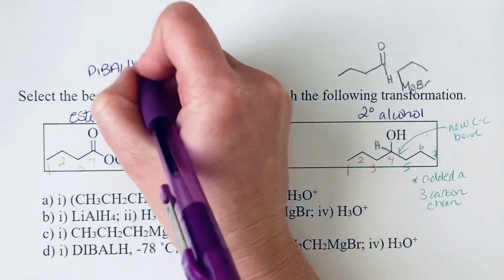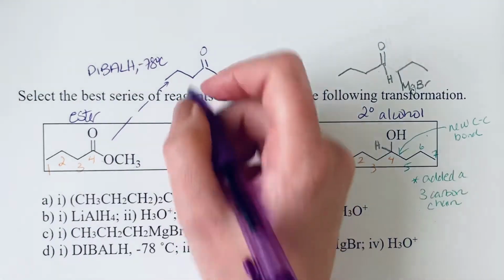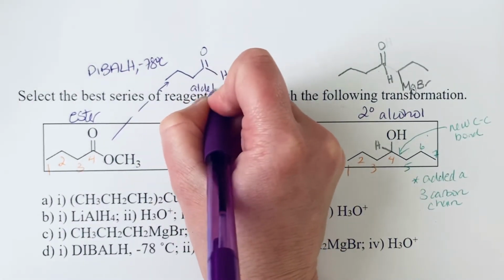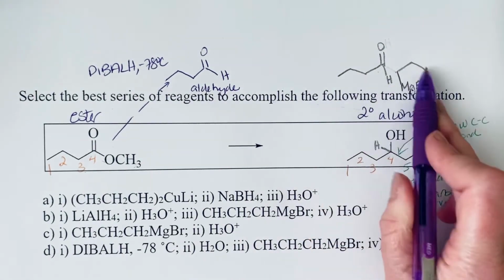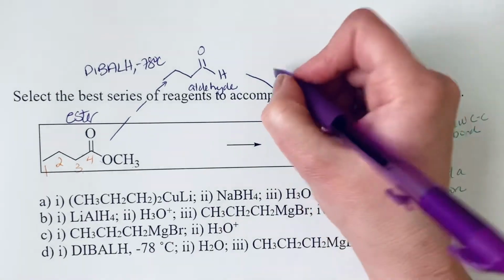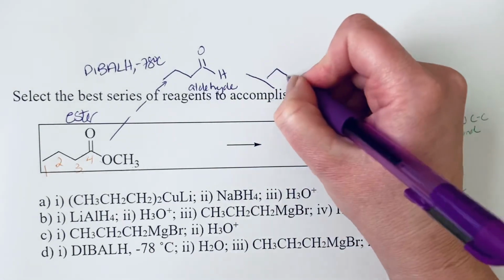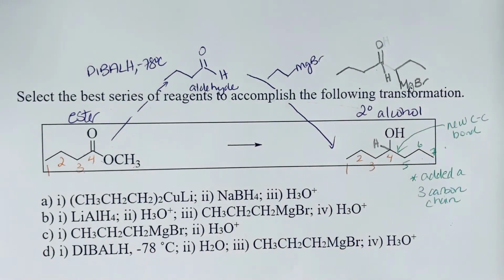And if you do that reaction at -78 degrees, you can take an ester and selectively reduce it to an aldehyde. And then this aldehyde, we're saying if we could get a Grignard reagent, the appropriate 3 carbon atom Grignard, then we could form that alcohol product.